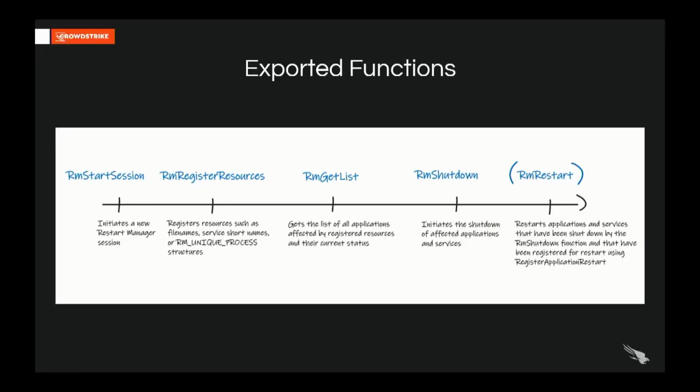And then, if there are any, applications can ask the shutdown of those affected applications using RmShutdown. For all the applications that have been terminated with RmShutdown, the application that has started the restart manager session can also ask for a restart of them if they comply with certain requirements that we'll detail later.